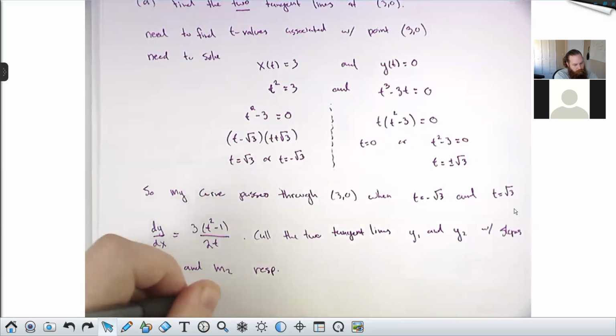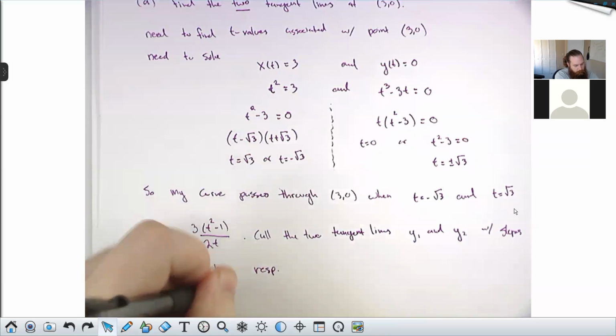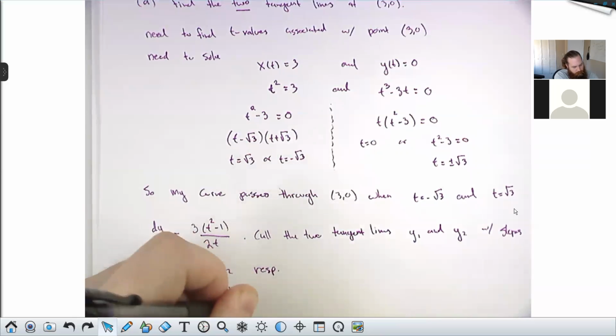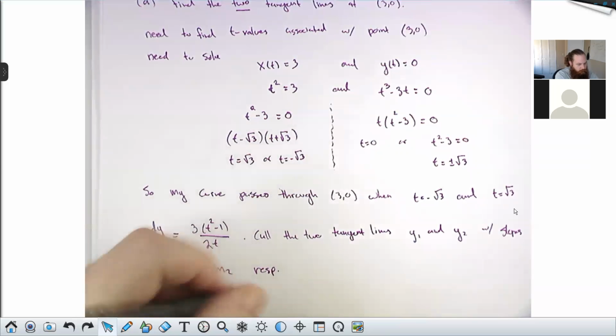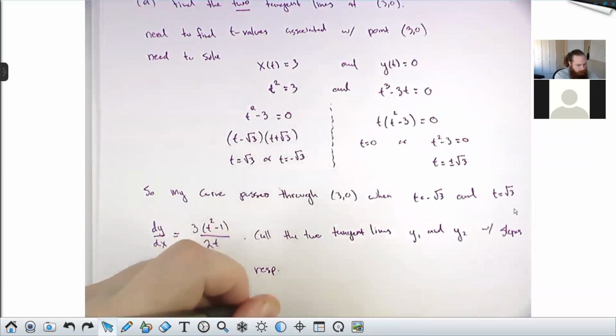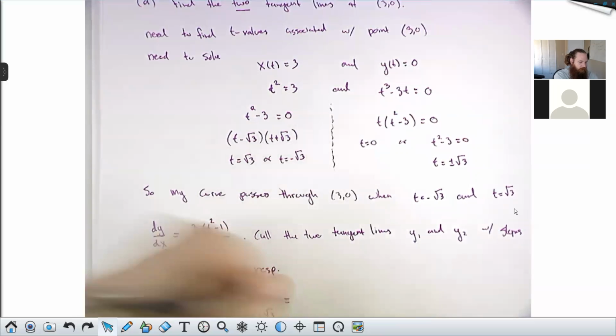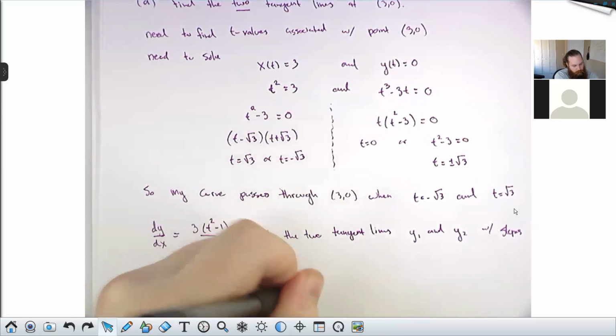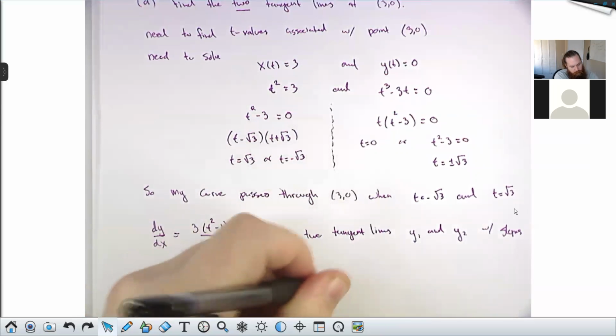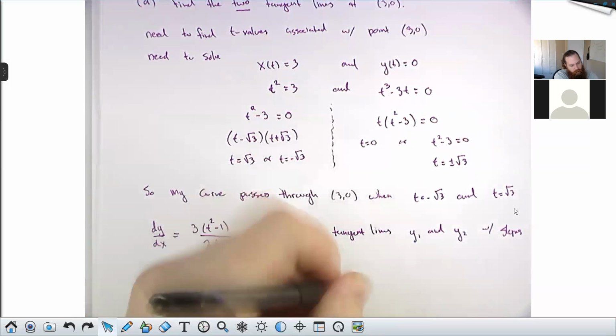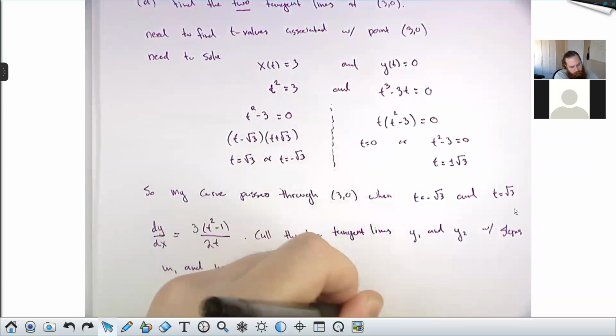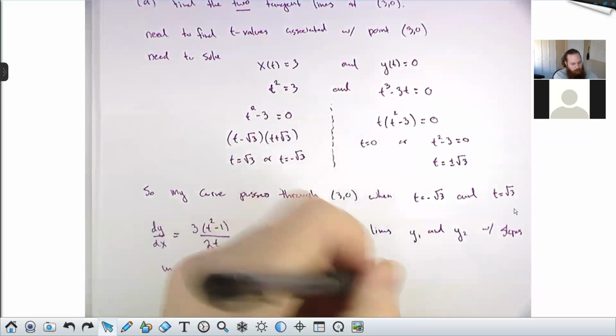M1 is going to come from dy/dx evaluated at time t equals negative square root of 3, which is (3t squared minus 1) over 2t evaluated at t equals negative square root 3.